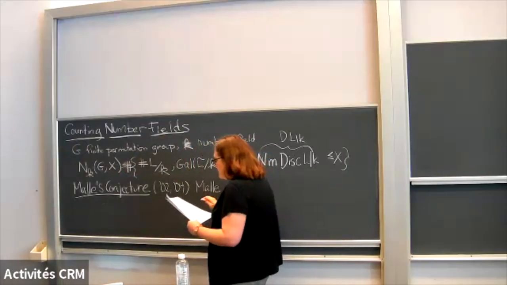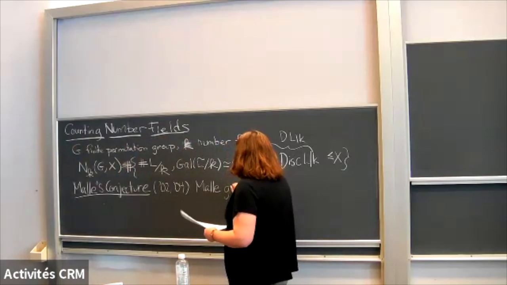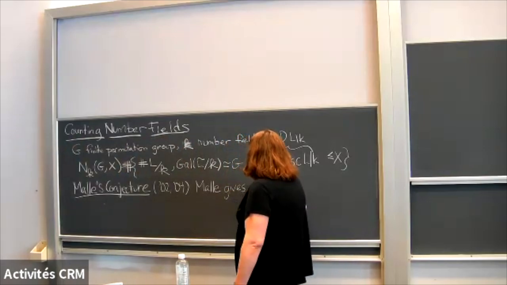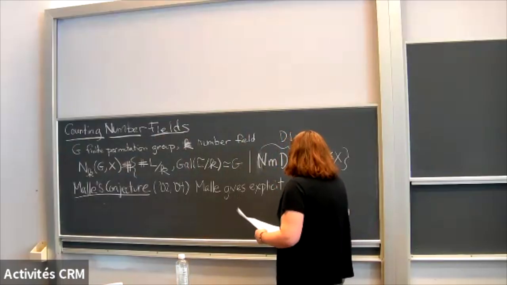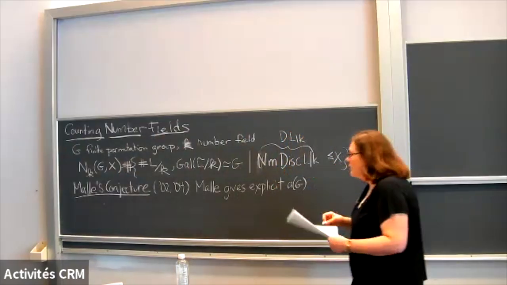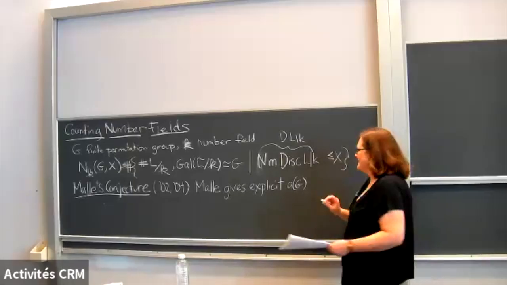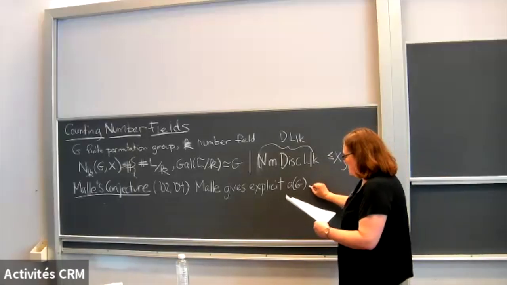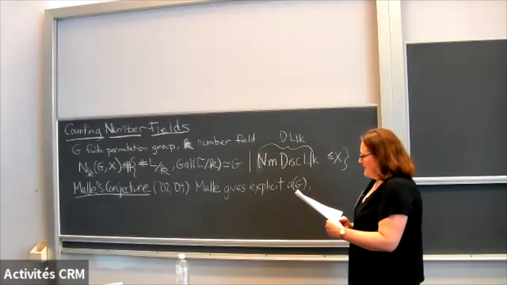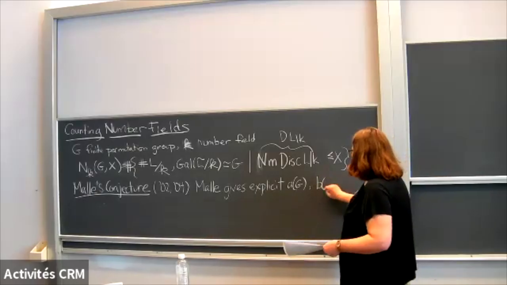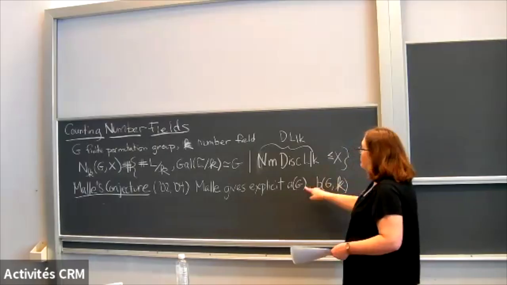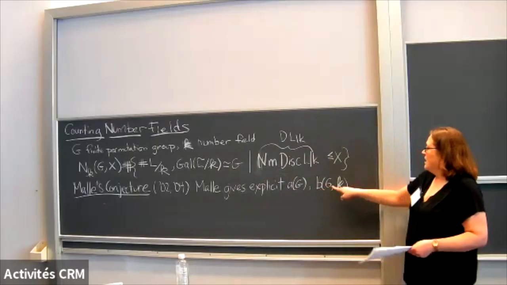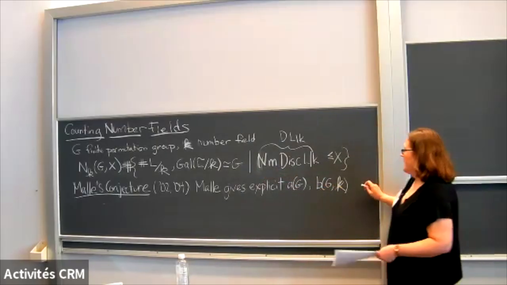I will just say in the conjecture, Malle gives explicit functions, which I'm not going to write here because it's not so important in this talk, but they're not so hard to write down, of the Galois group, and then of the Galois group in the base field.